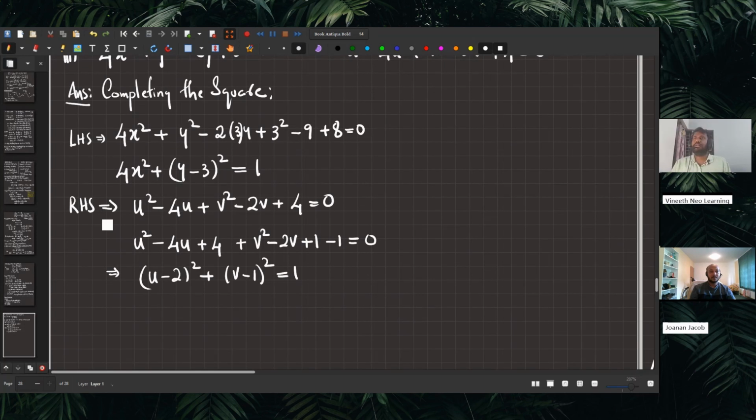Otherwise it won't be equal, right? The RHS of both things should be the same. Okay, what will the transformation equations look like? x will be equal to u over 2, I think. u minus 2.